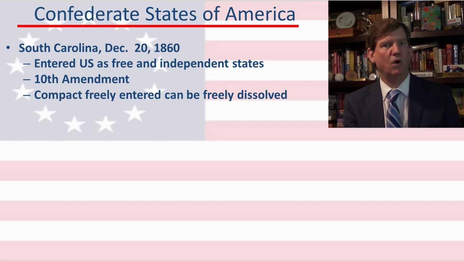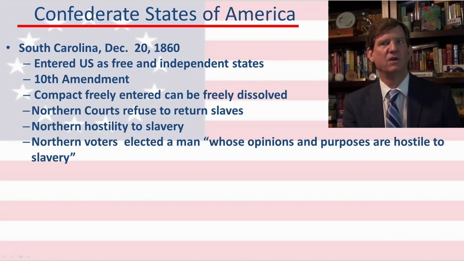Those were very broad principles about social contract theory. But then South Carolina continued about the specific grievances that caused it to leave or secede from the Union. First, Northern courts refused to return slaves.